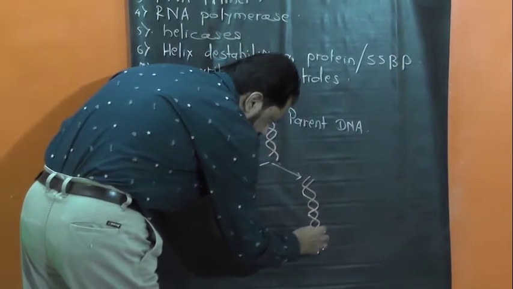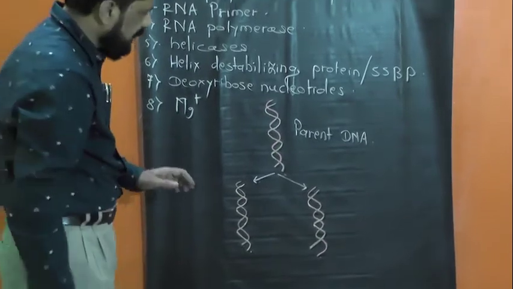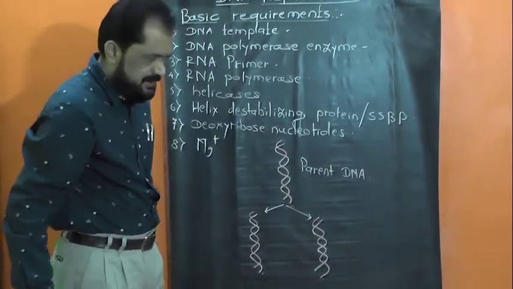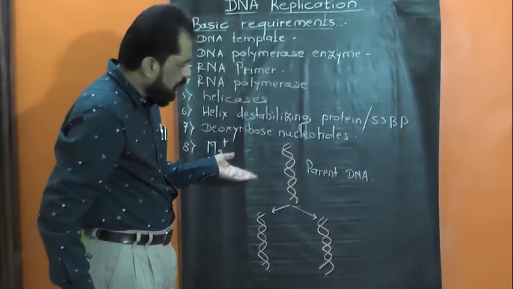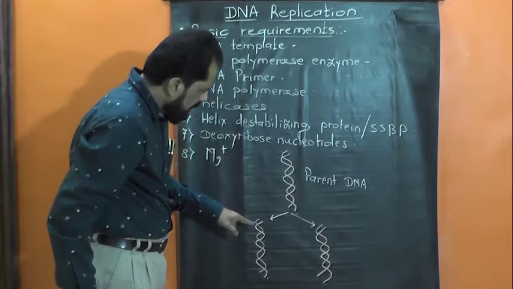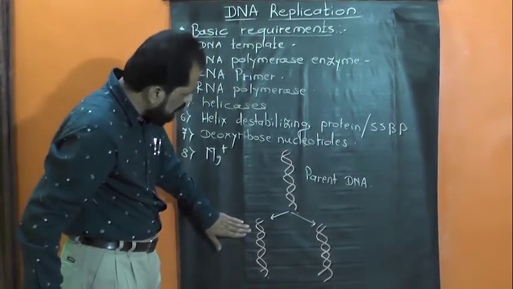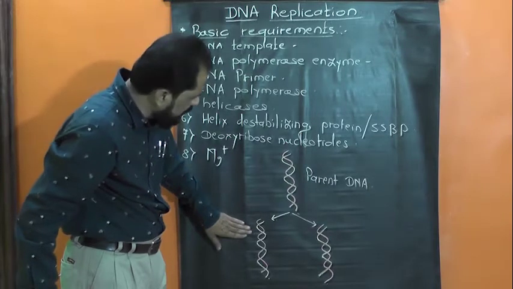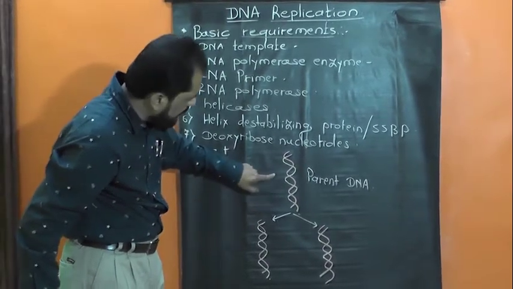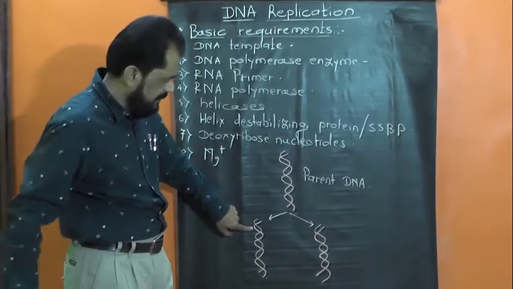One strand is parental strand, that is old strand, and one strand is newly synthesized strand. Means according to this diagram we can say here in these two daughter DNA molecules, suppose this daughter molecule has received this pink colored strand from the parent and yellow colored strand is newly synthesized.